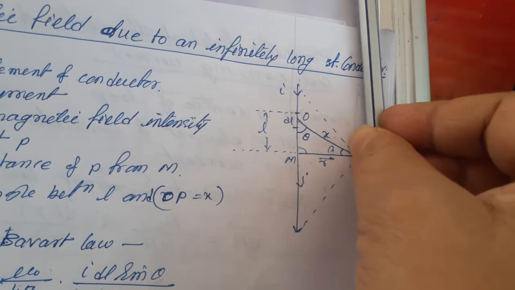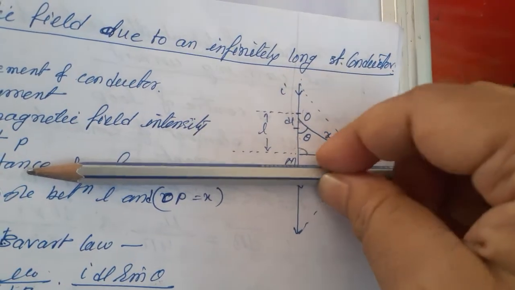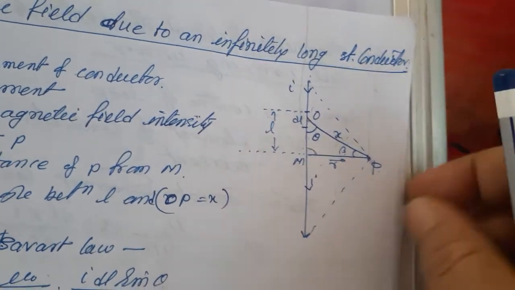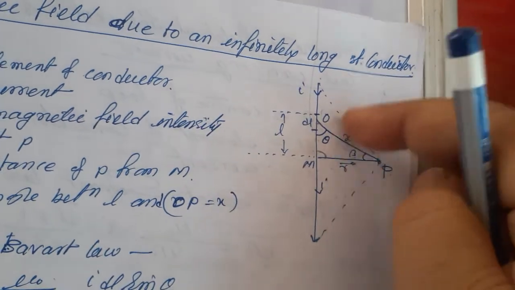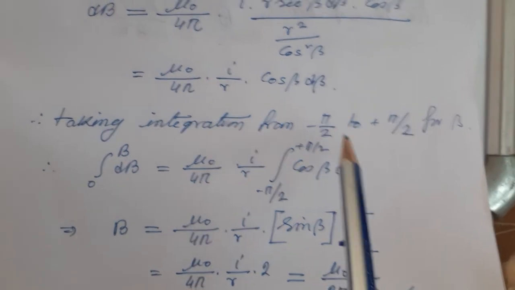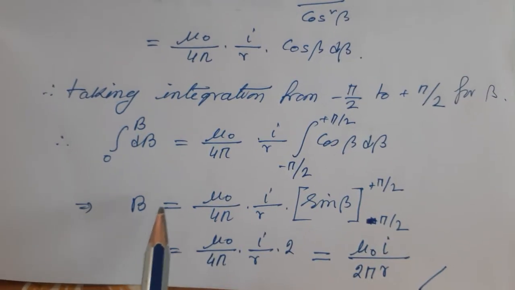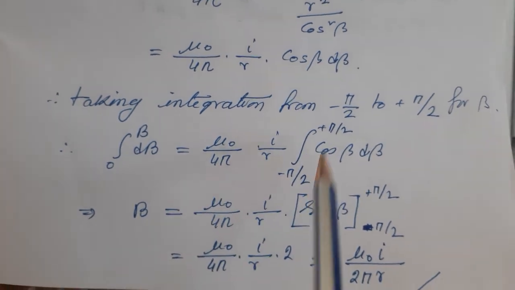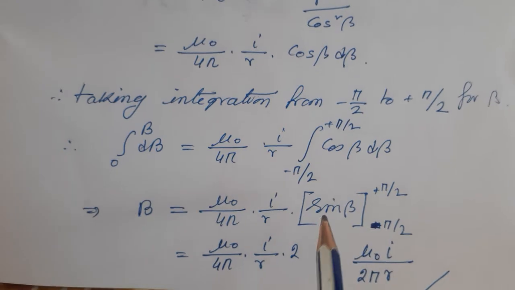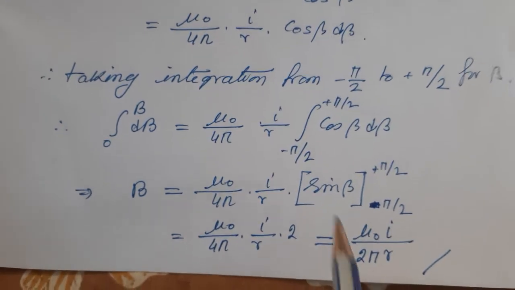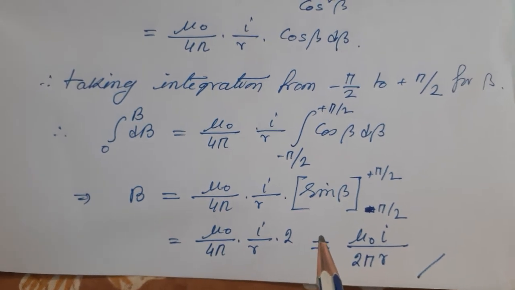This should be 90 degrees, and again on the other side this should be 90 degrees. If you consider this positive, then this will be negative. So taking the integration from minus pi by 2 to plus pi by 2, B is equal to mu 0 by 4 pi, I by r. Integrating cos of beta d beta, we find sine of beta. Taking the limits of the integration, we find B is mu 0 I by 2 pi r.